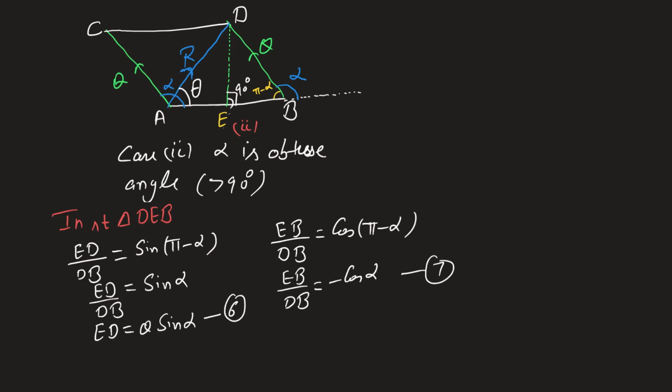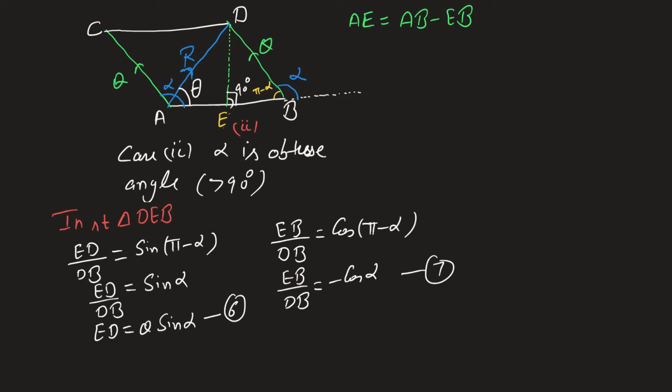So likewise, as we did in the last case, we will be writing AE is equal to AB minus EB. Like you see over here, AE, in the earlier case we also calculated AE.